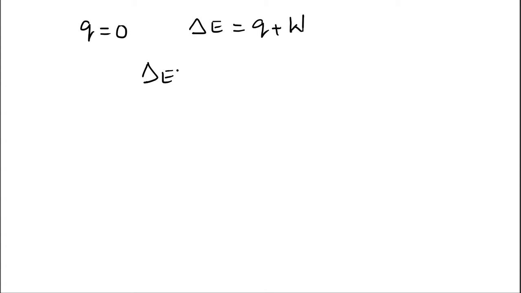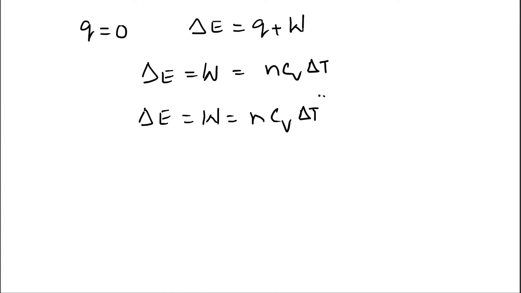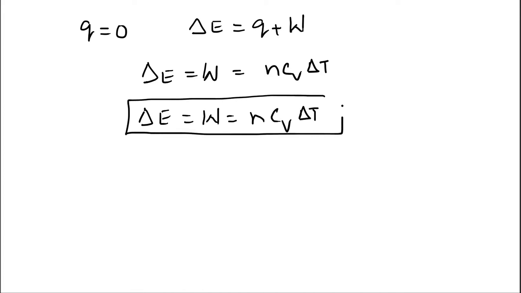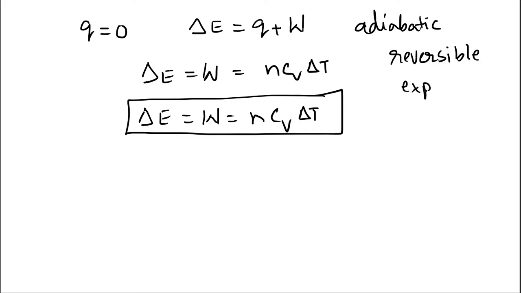From this delta E equals W, which is equal to nCV delta T. Sorry, this is not Q, this is W. So therefore delta E equals W equals nCV delta T for adiabatic reversible expansion.